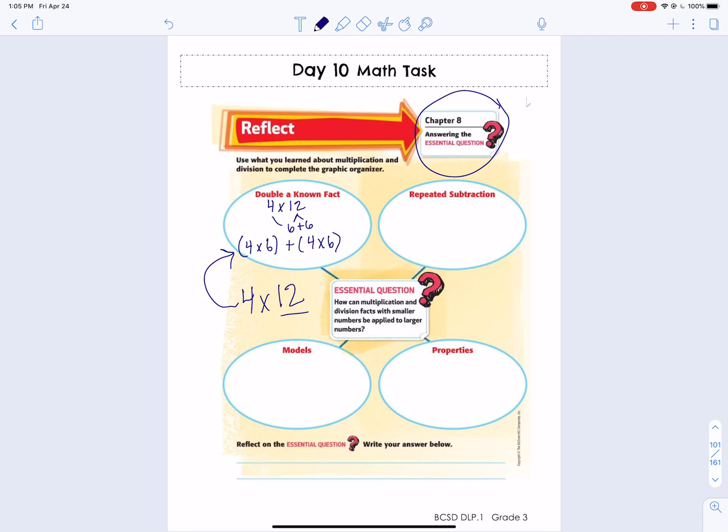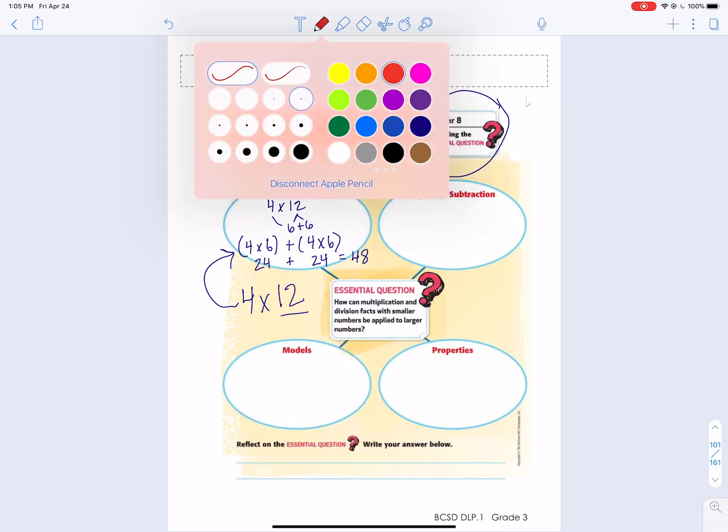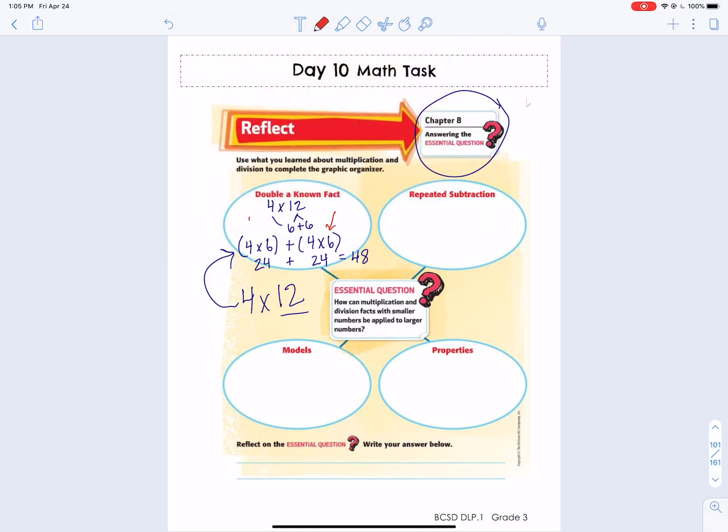So this is doubling a known fact. 4 times 6 is 24, so all I'm doing is 24 plus 24, and that is going to give me my final answer of 48. So that's how we can use smaller math facts like 4 times 6 to help us figure out a larger math fact like 4 times 12.